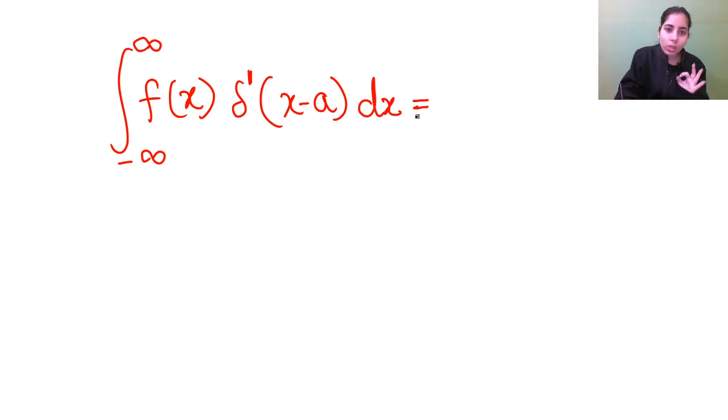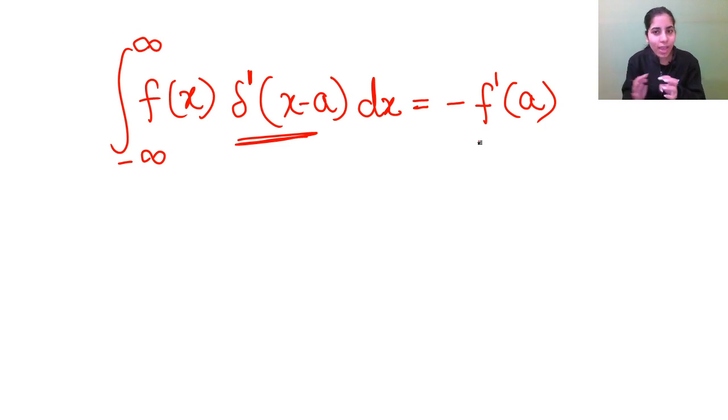According to this one, whenever the derivative of the Dirac delta function is given to you, it's going to have the value minus f dash a. Clear? We are writing a there as a function, but this time we will take the derivative of the function as well. Very good, Mayank. Now it's going to be minus f dash a.